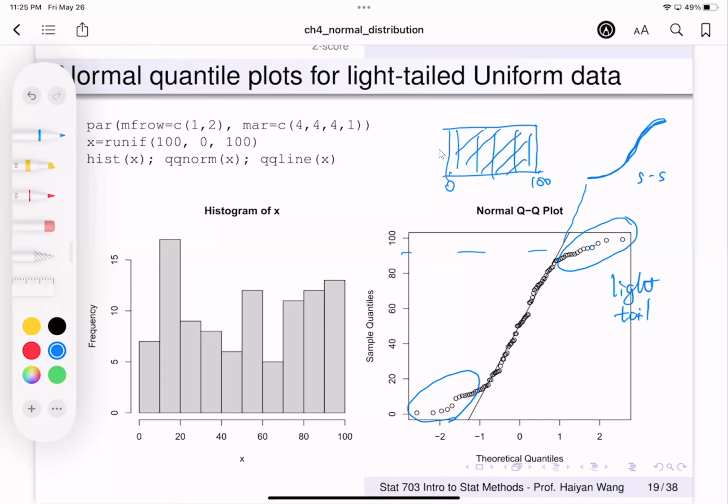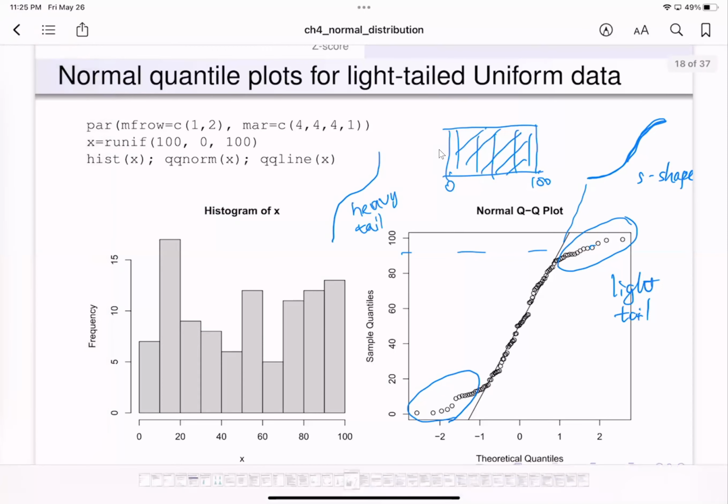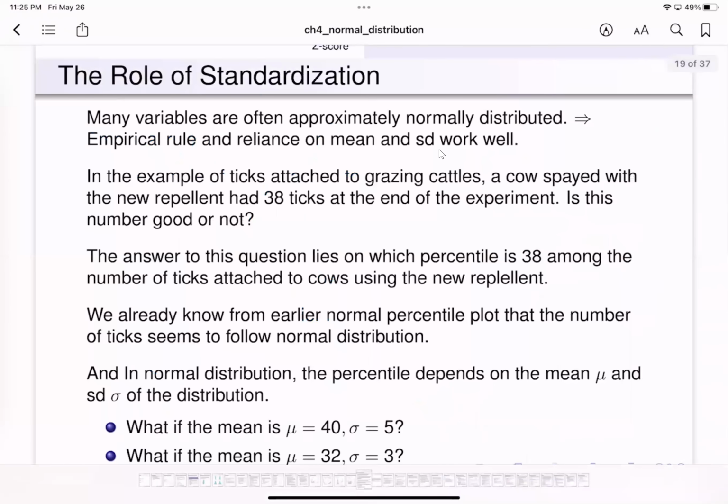This S-shape is for the light tail. And instead, this is heavy-tailed, like the previous slide. So that's about the quantile plot.